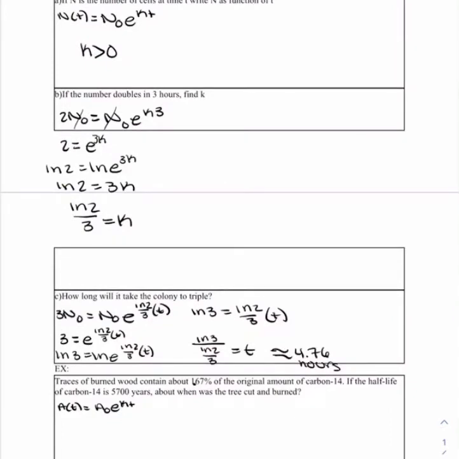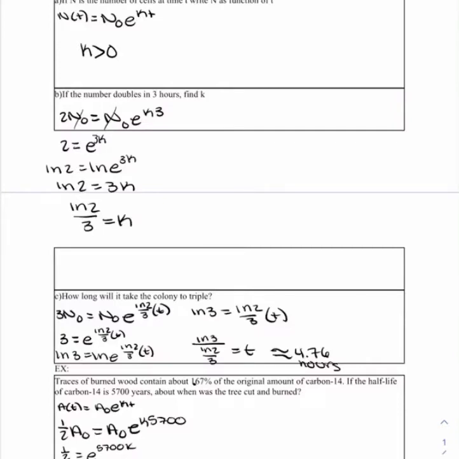So the first thing that I know we have is we're trying to find the half-life. So half the initial amount. So we're trying to find half of A sub 0. And so we're going to use our formula, A sub 0 e, and then do we know k? No. But we know t is 5,700. Again, A sub 0s cancel. I have 1/2 equals e to the 5,700k.